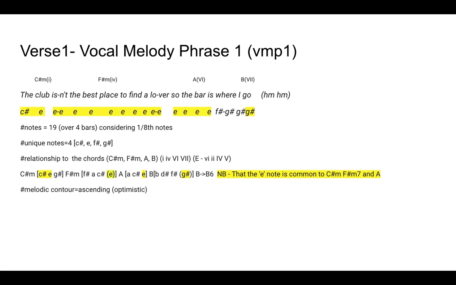So I forgot to mention something that I noticed. So I mention it now before I forget again. There's something that we want to also consider when we look at the melody phrase. There is something called the contour of the phrase.